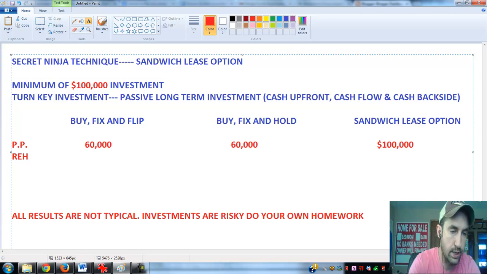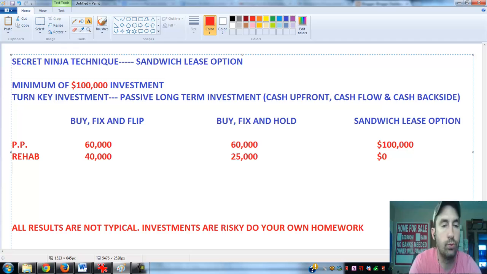We are going to talk about rehab. For a buy, fix, and flip, we're going to have $25,000 of rehab, and then over here we're going to have zero.